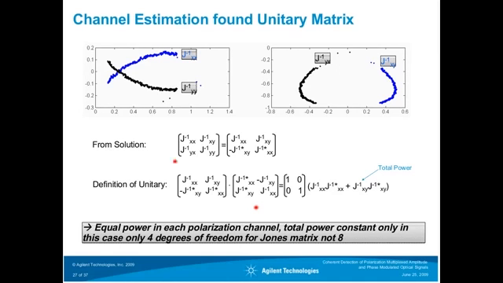In this case, of course, because we have some restriction to the channel matrix, there are only 4 degrees of freedom for the Jones matrix, not 8. So if we restrict ourselves to finding a unitary matrix, we have to find only 4 instead of the 8 parameters of the Jones matrix.